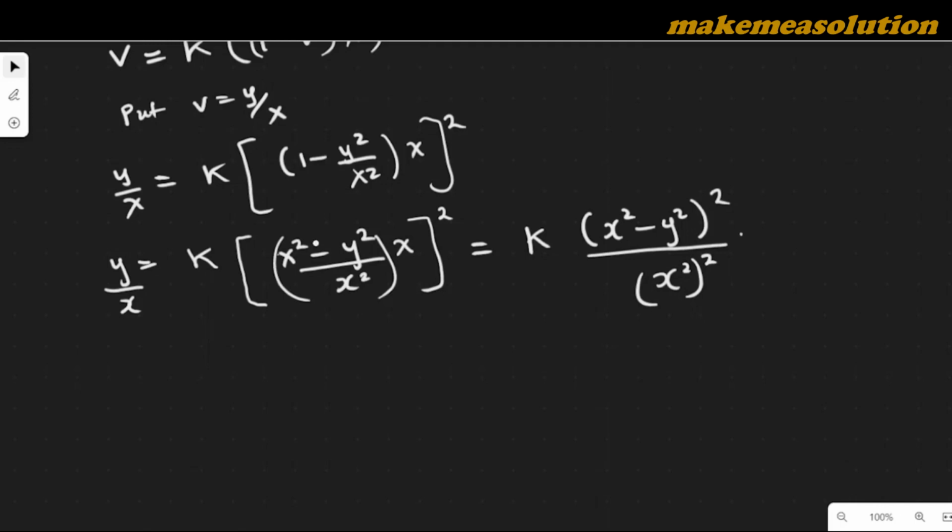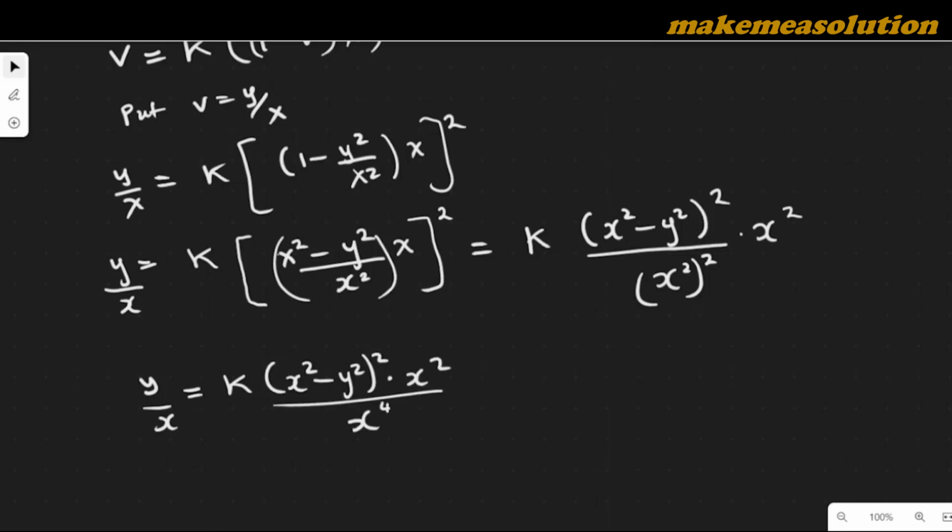Then the x here is also raised to the power of 2. Is that okay? So we will have y over x is equal to k. We now have x squared minus y squared all squared. So we now have x squared over x raised to the power of 4.